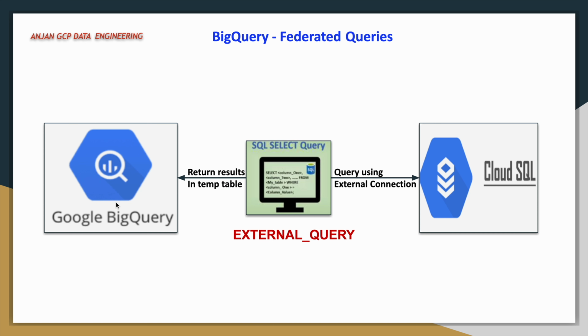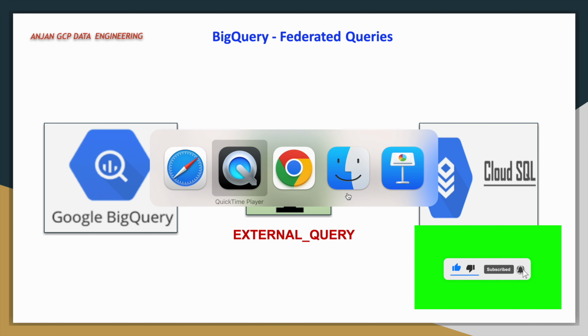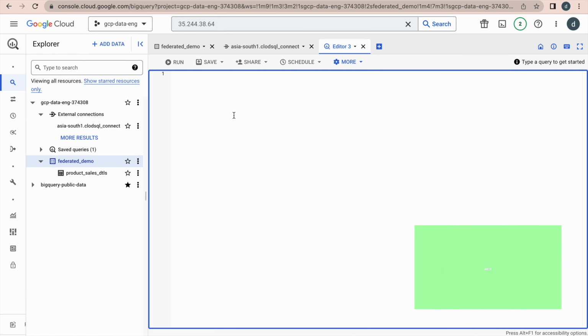What we will try to do is create an external connection from BigQuery to this Cloud SQL, query the Cloud SQL table, and then join it with the BigQuery table and see how it looks. So let us quickly go to the demo.